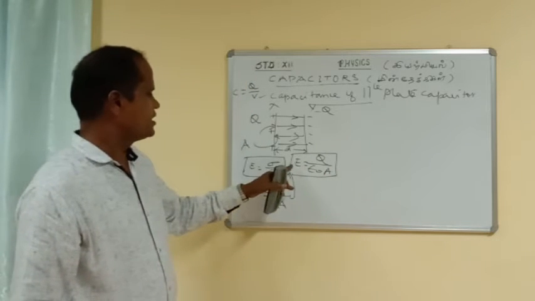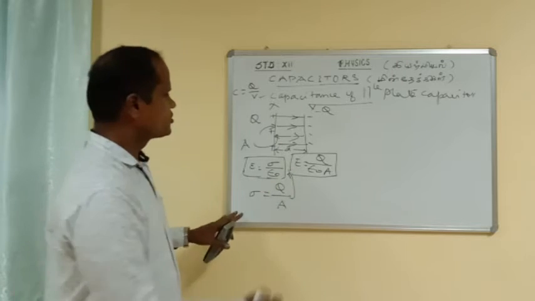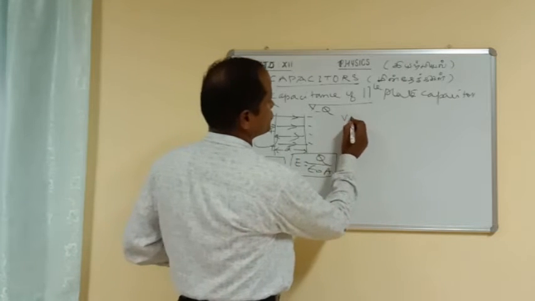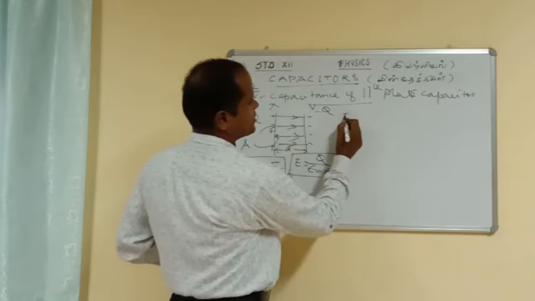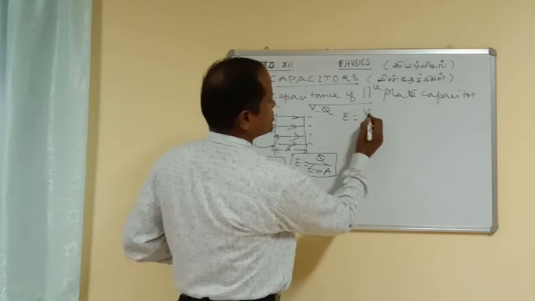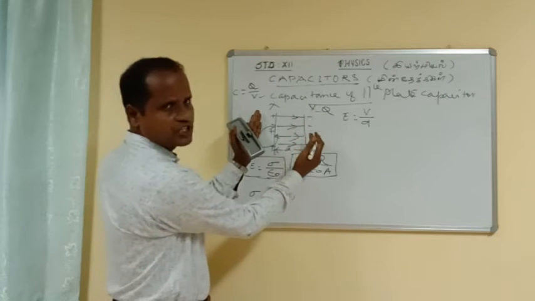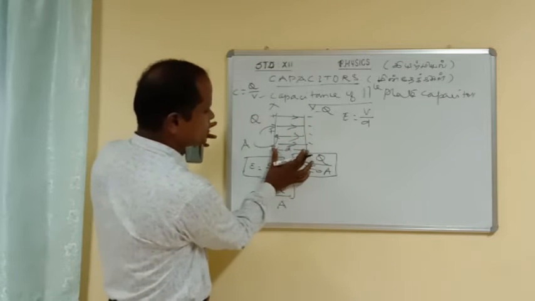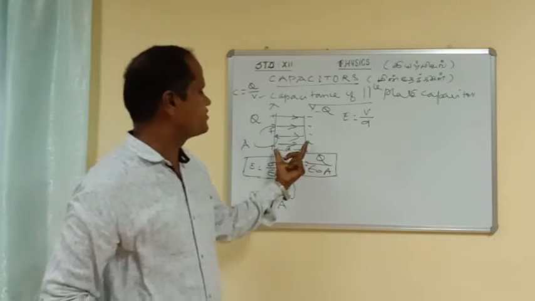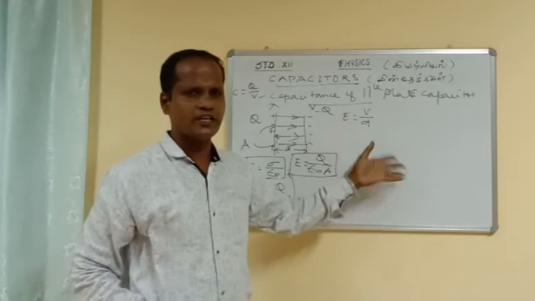So what is the potential difference, the V value? You know the formula: electric field E is equal to potential difference divided by distance of separation. Potential difference between these two plates is V, distance of separation is d. So the electric field between the plates is E is equal to V by d.